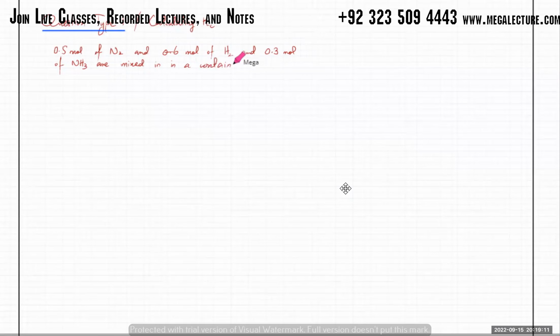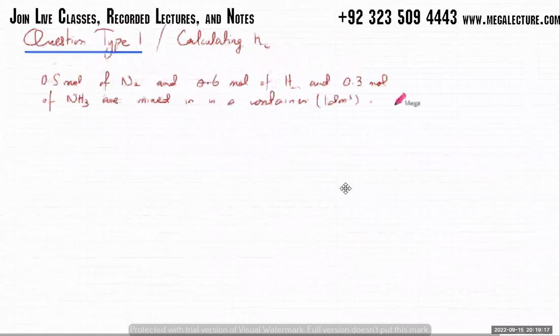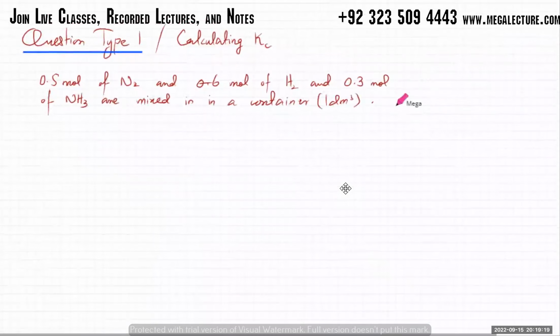The container has a specific volume, a 1 dm cube container. Those are known as your initial moles, the things mixed together.